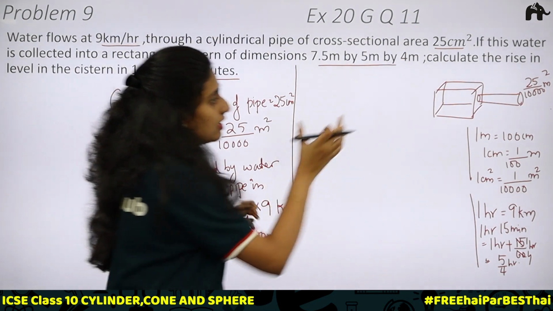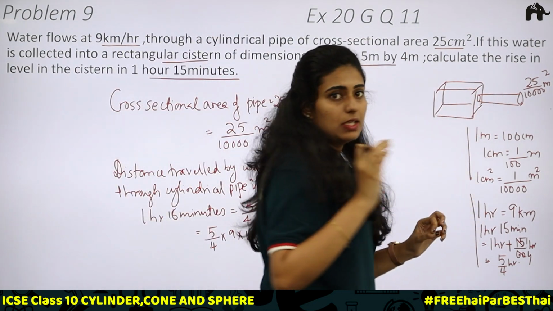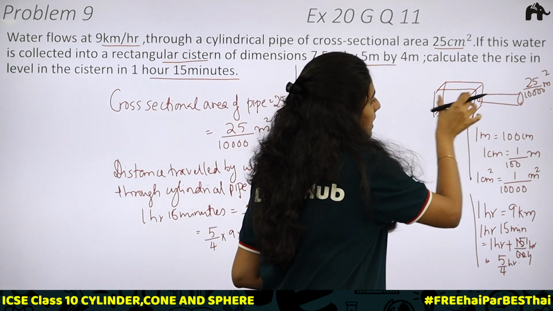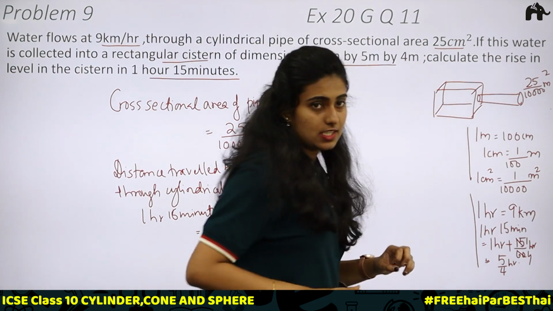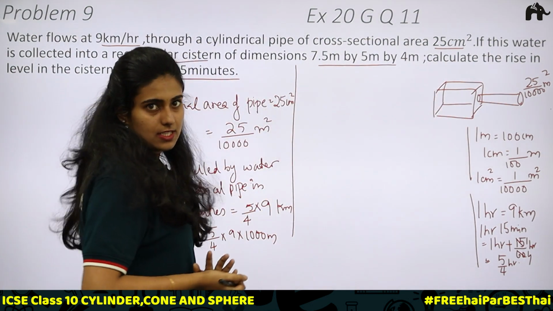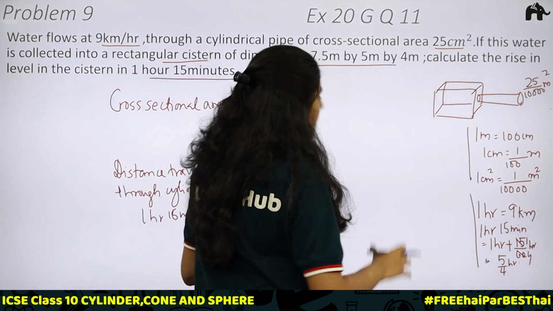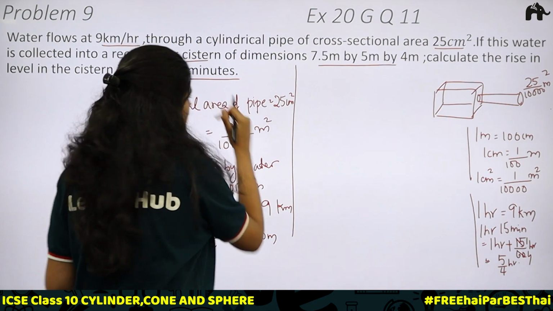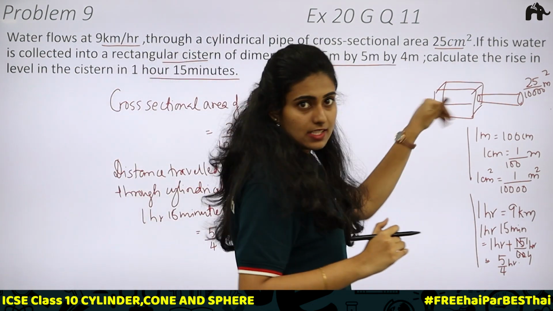The volume of water in the pipe will be equal to the volume of water that is filled in this rectangular cistern in a time of 1 hour 15 minutes. It is not completely filled, but we have to find what is the raise of water in this cistern.